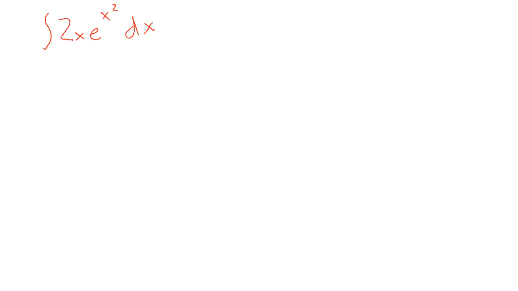When we look for our u, we need to see, do we have a composite function, an inner and an outer function? And then we also need to see, do we have the derivative of that inner function multiplied somewhere?